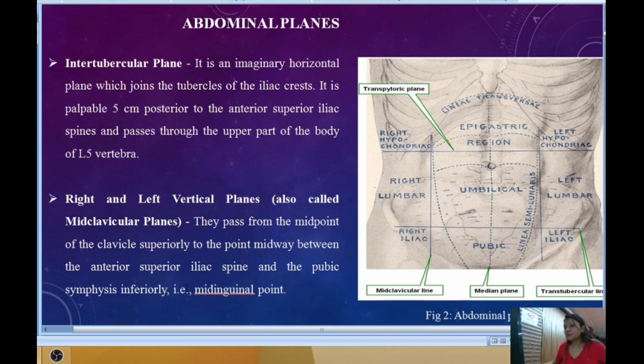So this is the transpyloric plane. What is the transpyloric plane?